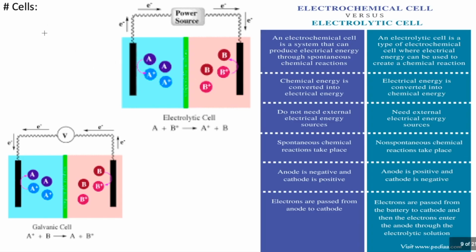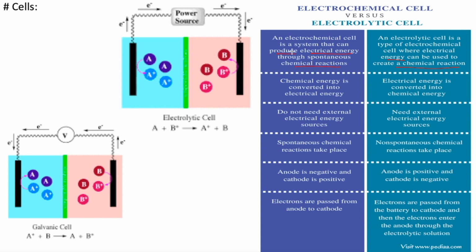Let's talk about cells. There are 2 types of cells, electrochemical cell and electrolytic cell. What happens in the electrochemical cell? It produces electrical energy through a spontaneous chemical reaction, whereas the electrolytic cell is a type of electrochemical cell where electrical energy is used to create chemical reactions. So both are reverse of each other.